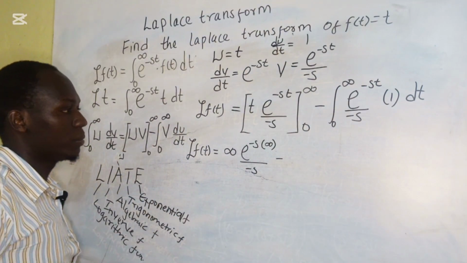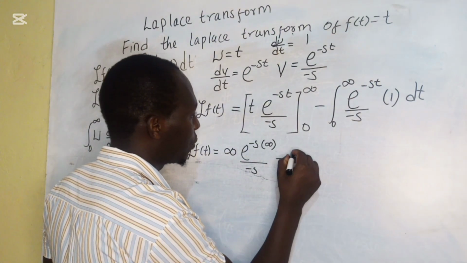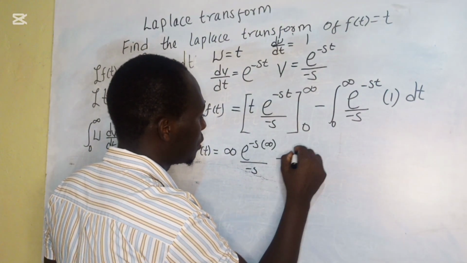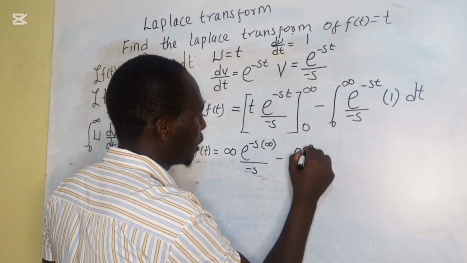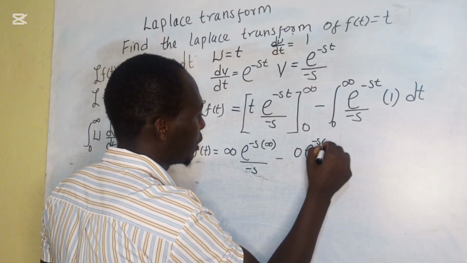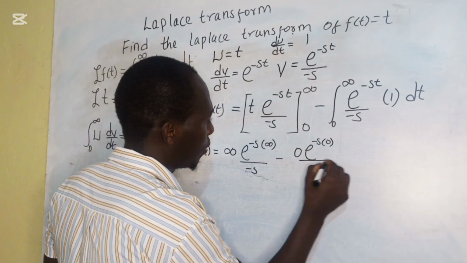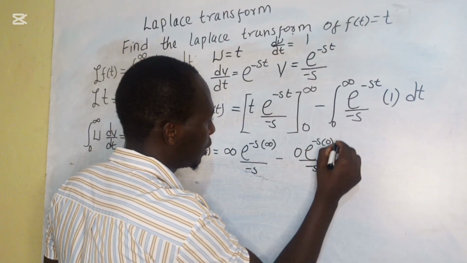We subtract from the lower class limit, we have 0, exponential negative s of 0 all over negative s.